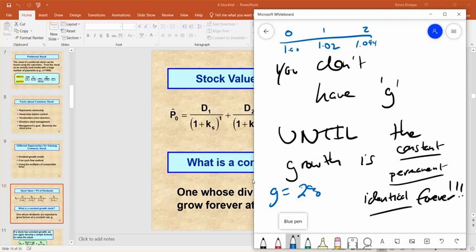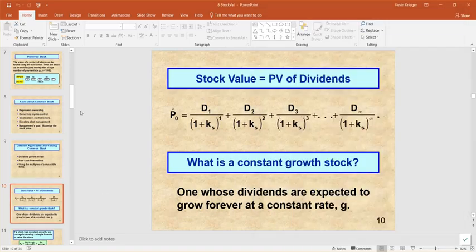It has to grow at exactly that amount. It has to work out so that the math perfectly matches exactly 2% every period. So until your growth is truly permanent, constant, identical, you can't use this G shortcut.